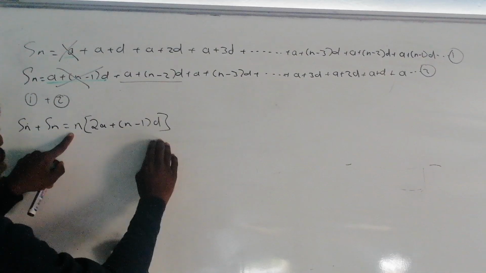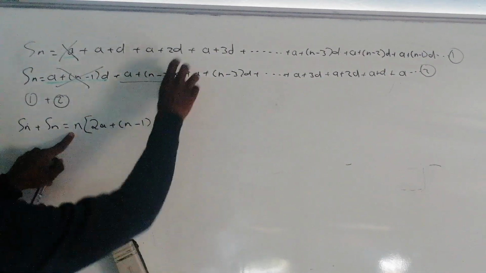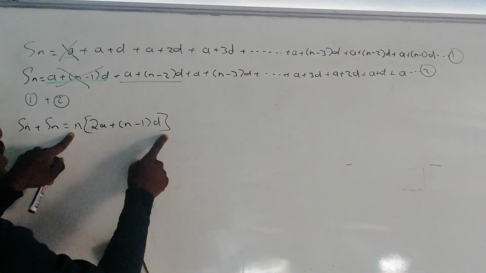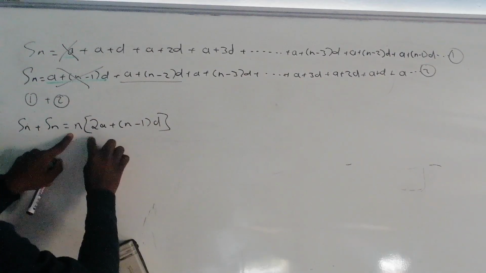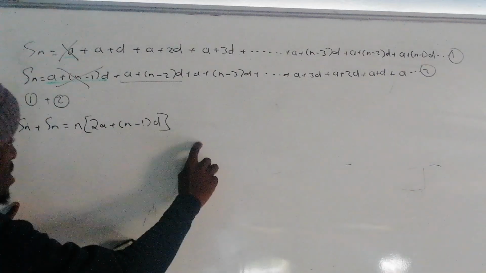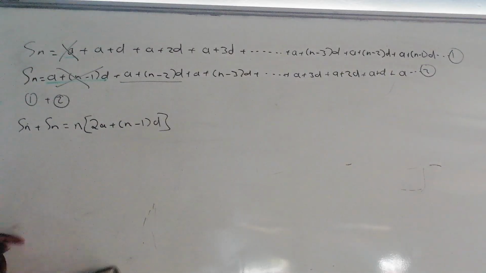Meaning that if we had 22 of the 2a plus (n minus 1)d, we would write 22 here. But now we don't know the number of 2a plus (n minus 1)d. Therefore, we put n times this, because everything that we're going to add is going to give us this. I'm not sure if you understand that.